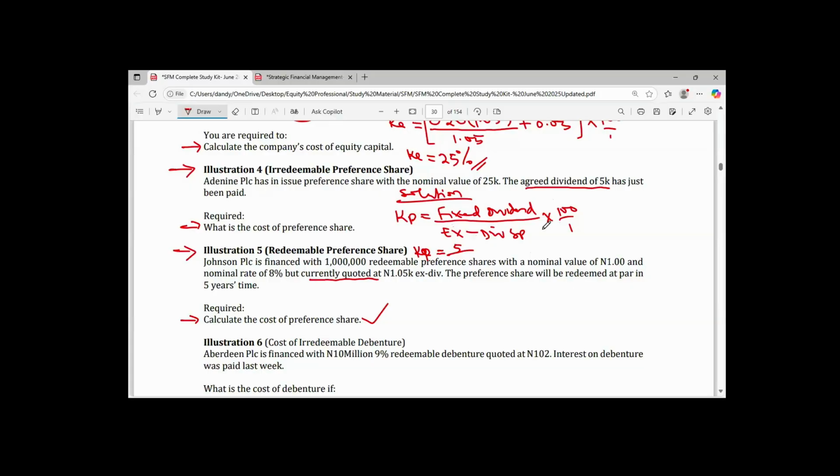Since you are not given the market value, you have to use the nominal value, which is 25 kobo, and you are told that dividend has been paid. So 5 divided by 25 multiplied by 100 over 1 gives the final answer, which is 20%. So the cost of irredeemable preference share is 20%.